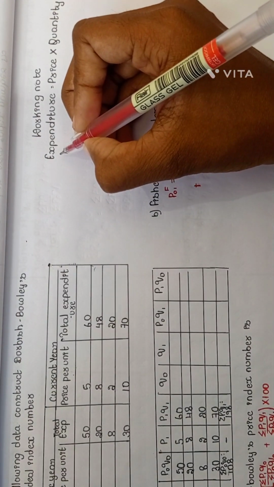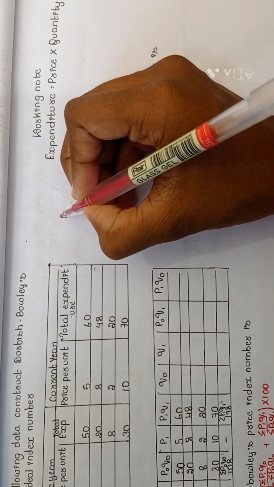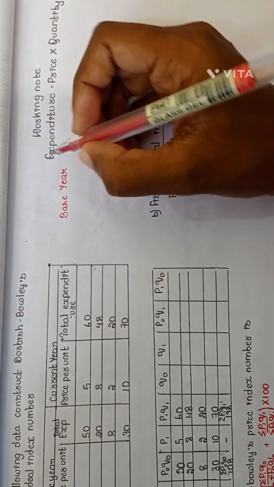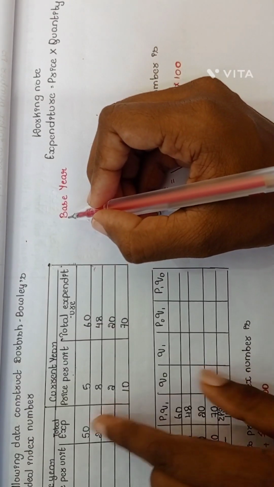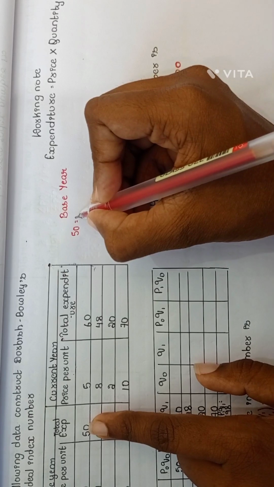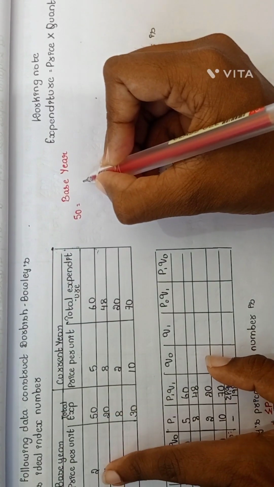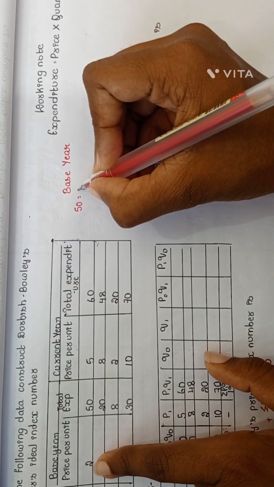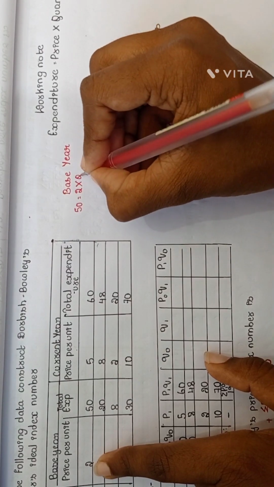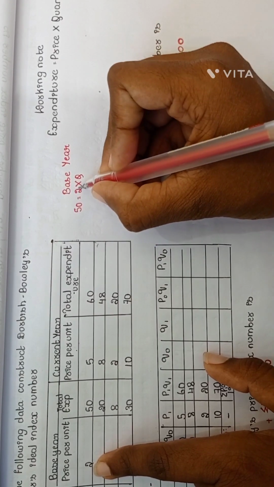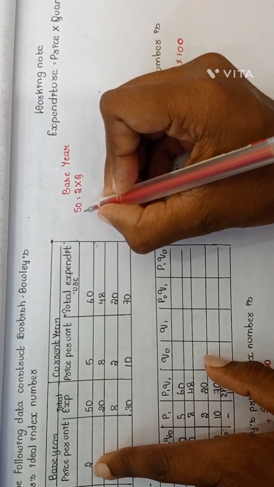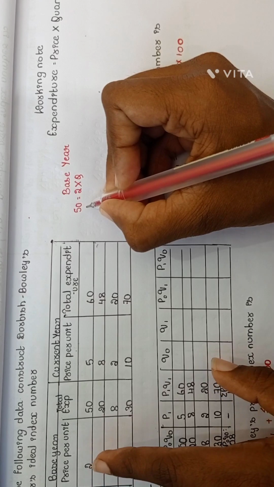First we have to write down the expenditure in the base period. So let me write here base year. The expenditure in the base year is 50, equal to price in the base year, which is 2, into, we don't know the quantity, so Q. It is in multiplication form, so if we transfer this here, then it will become a division format.